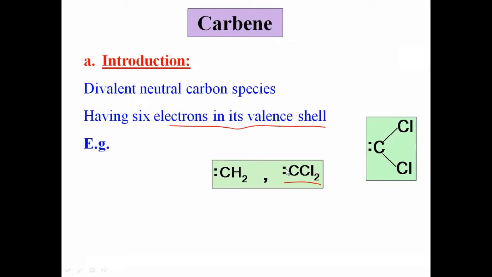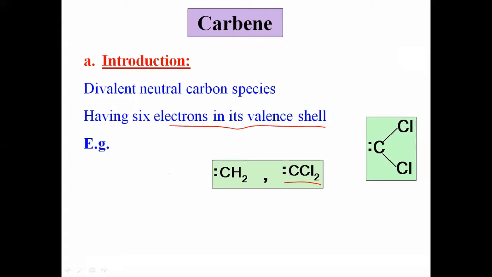It is an electron deficient species because there are only 6 electrons in its valence shell, meaning it has 2 electrons less to complete its octet. According to the octet theory, an atom should have 8 electrons in its valence shell, then it becomes stable. But here, that carbon has only 6 electrons in its valence shell. Therefore, there is a deficiency of electrons. It is an electron deficient species.